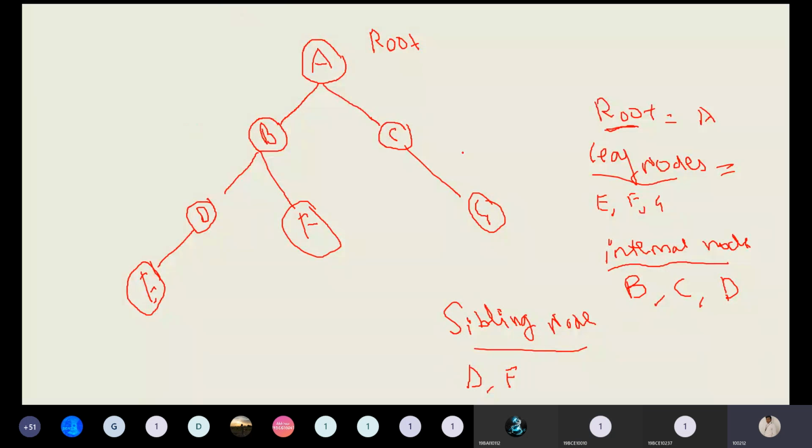For the B node, the sibling nodes we have are D and F. And for the root node, we have two sibling nodes, B and C, based on its level and height, which we will see in the coming slides. So B and C are sibling nodes, and D and F are also sibling nodes.